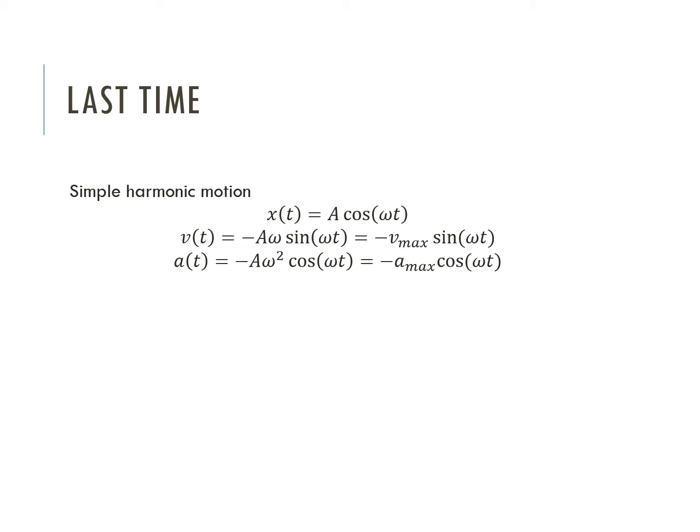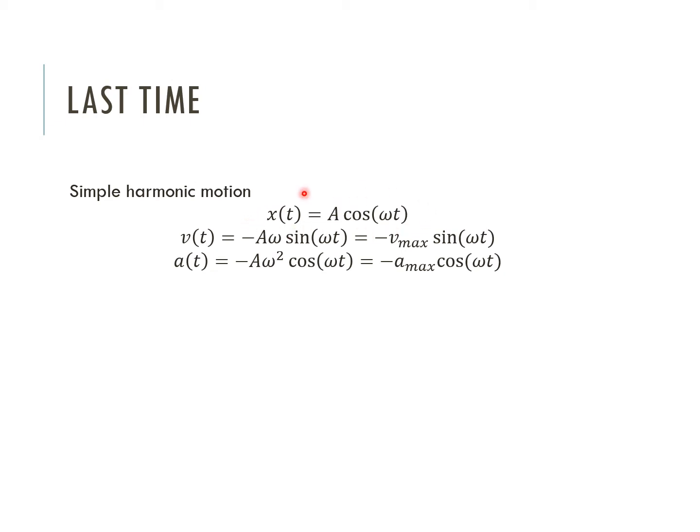So we focused on this thing called simple harmonic motion. And we had these equations. So we looked at our position. It is a function of time. We had a couple different equations for omega, sine or cosine, and the amplitude.